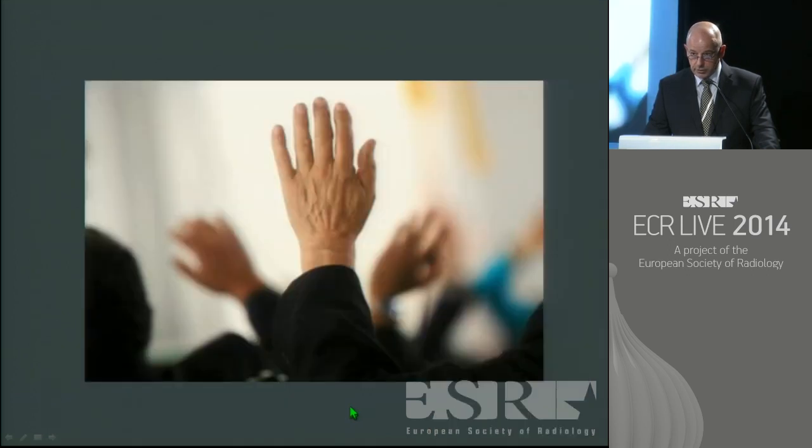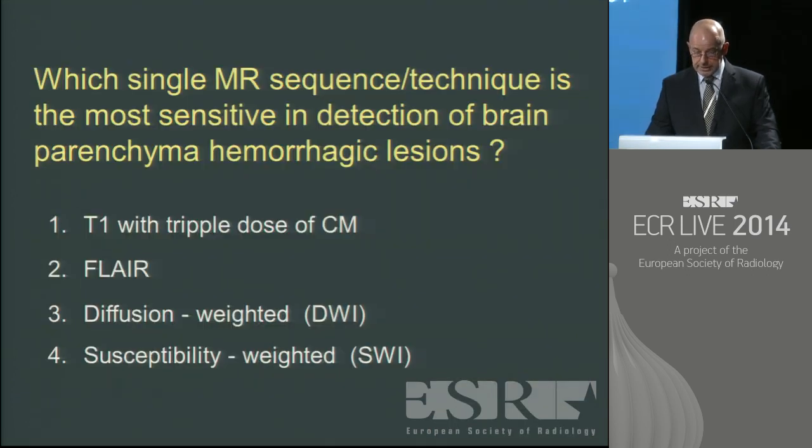So the question for you: which single, I mean only one, MR sequence is the most sensitive in detection of brain parenchyma hemorrhagic lesions? T1 with triple dose, FLAIR, diffusion, or susceptibility weighted imaging, SWI? So who is for the first? T1 with triple dose? None?